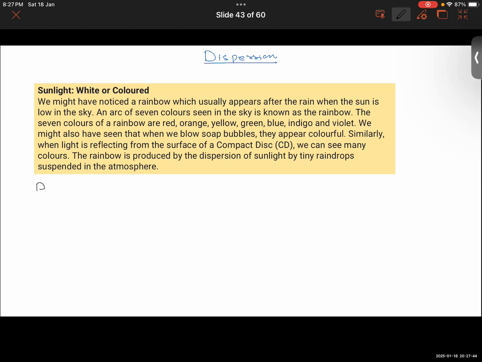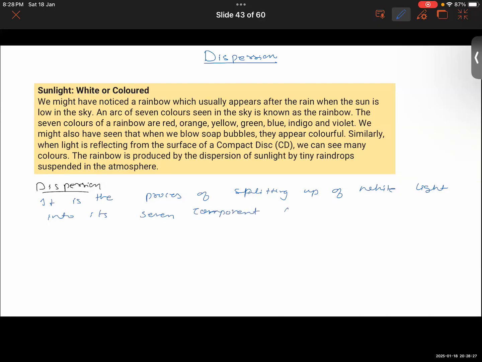So dispersion is the process of splitting up of white light into its 7 component colors.